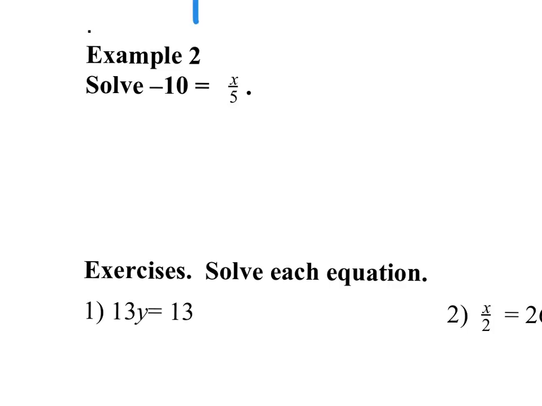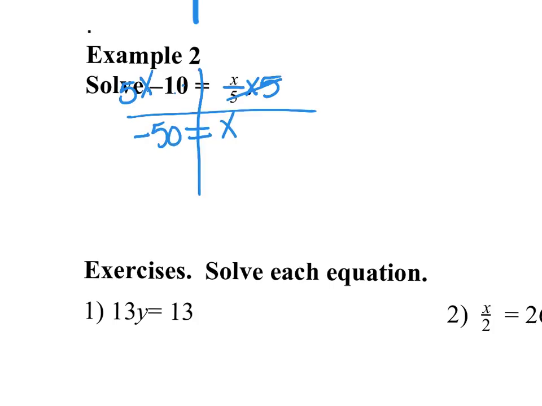Okay, so example 2 talks about a division problem here. It has a division instead of multiplication. So we're still dealing with the variable. So I'm going to draw that line down the center. Instead of dividing by 5, the opposite would be to multiply. So we multiply both sides by 5. So that cancels that, and then I multiply by 5 here, and I have x left over here, and then negative 10 times 5 is negative 50.